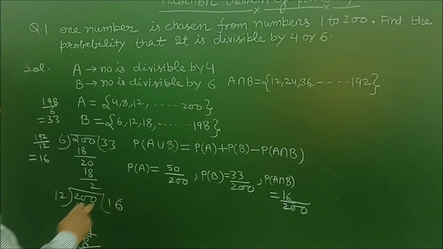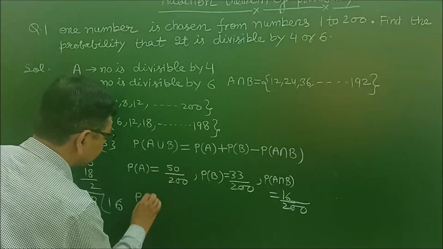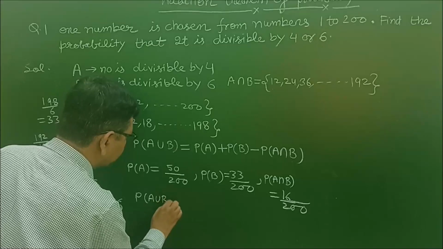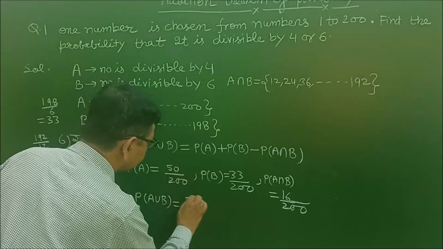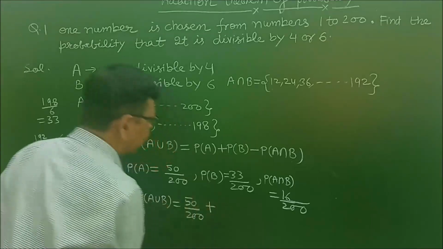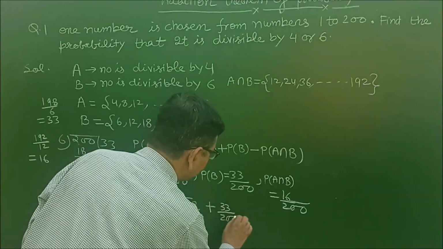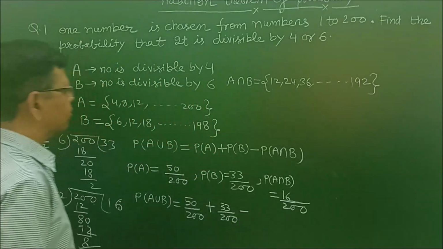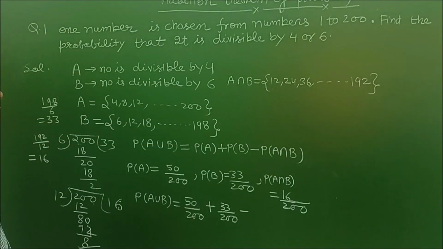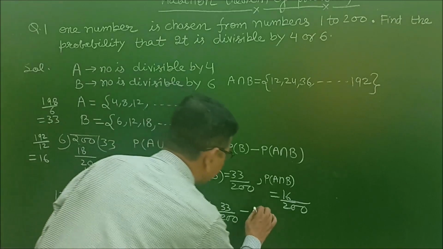Now putting all these values in the formula, probability of A union B is equal to probability of A, that is 50 upon 200, plus probability of B, 33 upon 200, minus probability of A intersection B, the numbers divisible by both 4 and 6, that is divisible by 12, 16 upon 200.